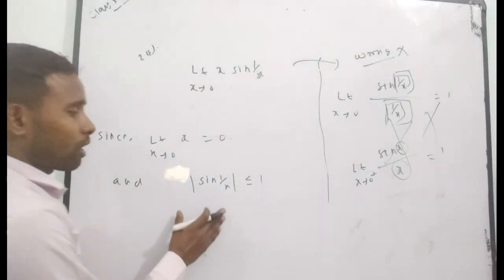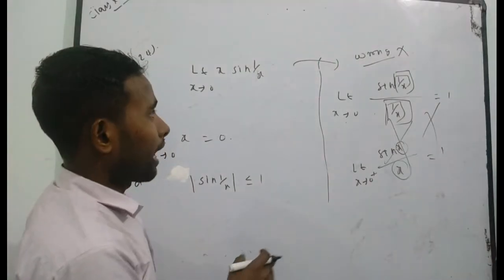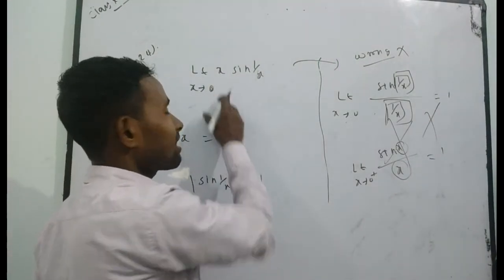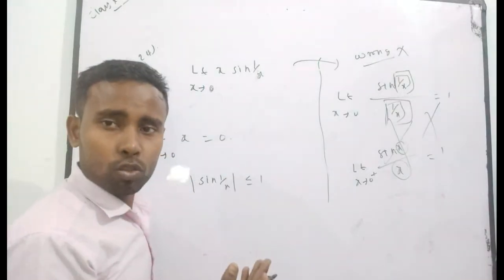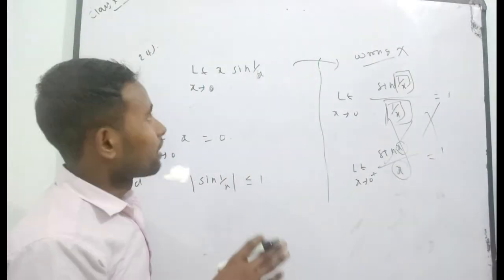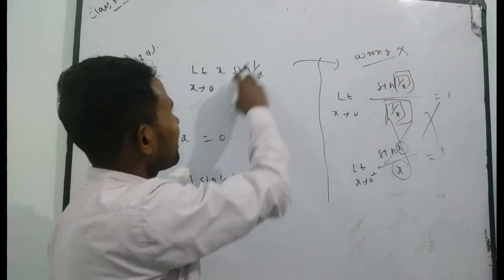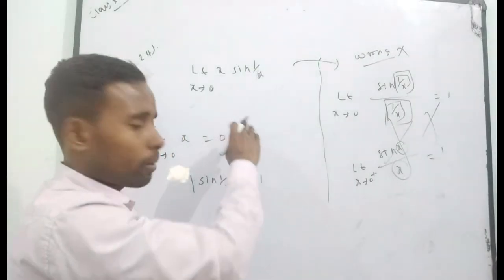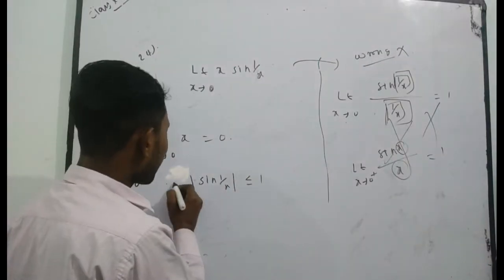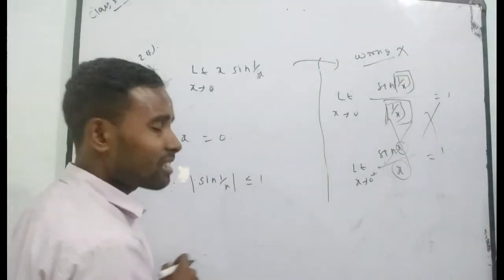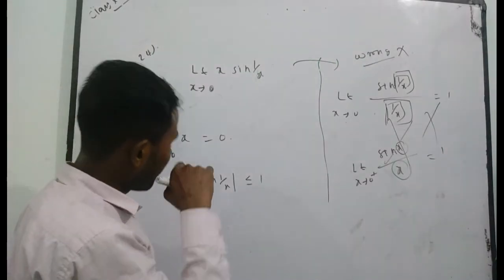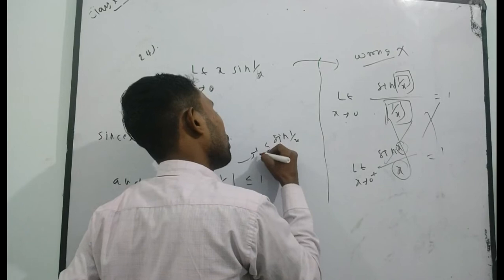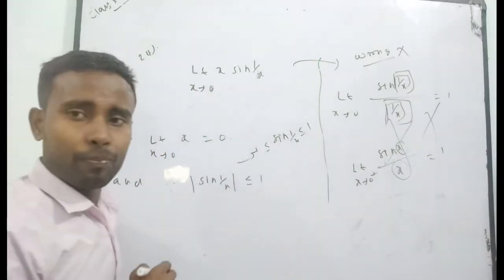Because mod sin 1 by x is less than or equal to 1. According to this problem, x approaches 0, you can take either side. If you take either side, in that case it becomes sin 1 by 0. Since modulus of sin 1 by x is less than or equal to 1, or in other words, you can say that also sin 1 by x is greater than or equal to minus 1 but less than or equal to 1.